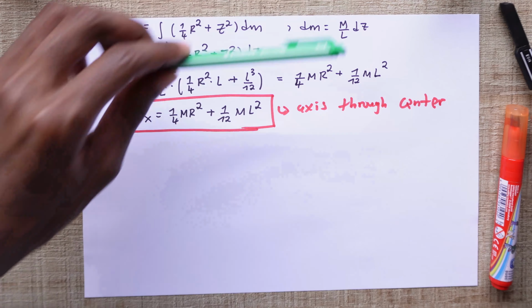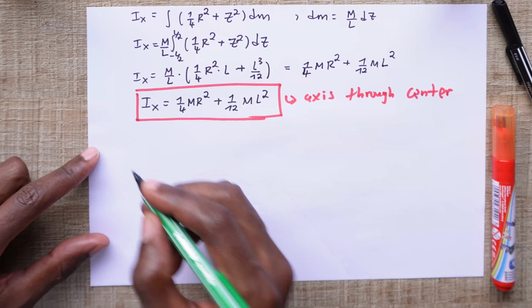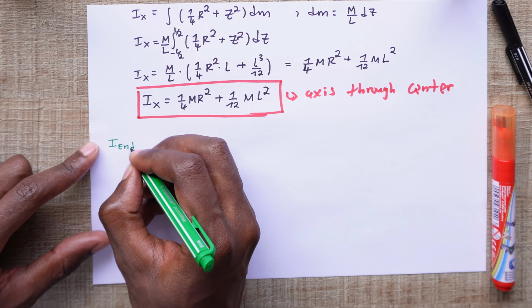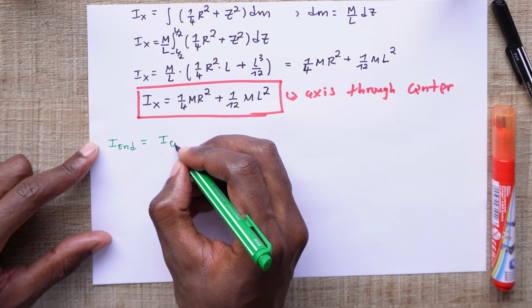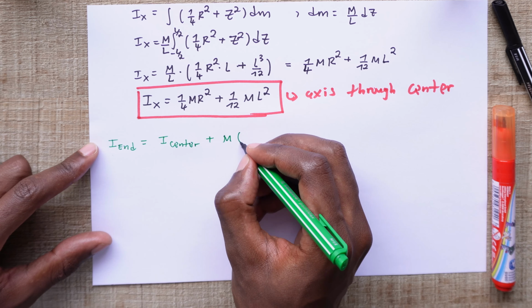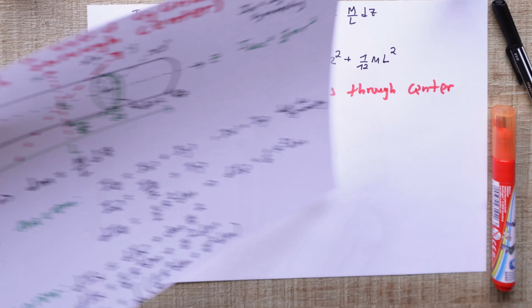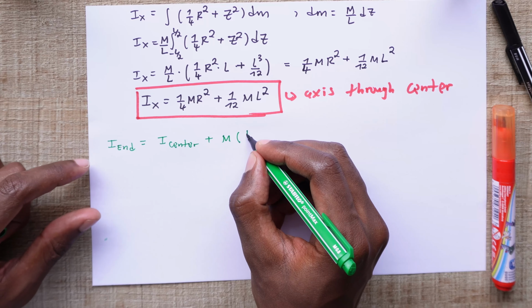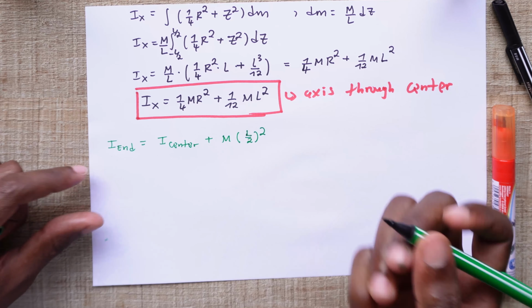We just apply the parallel axis theorem once more. So I about the end would just be I about the center plus the mass times the distance between the two squared. So that's just going to be L over 2 squared.